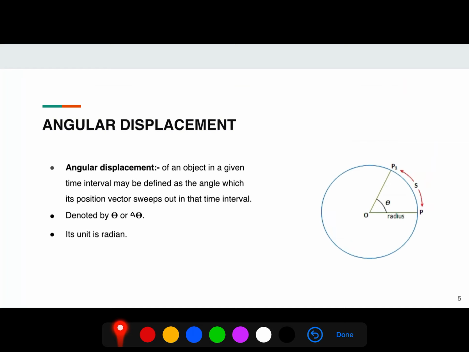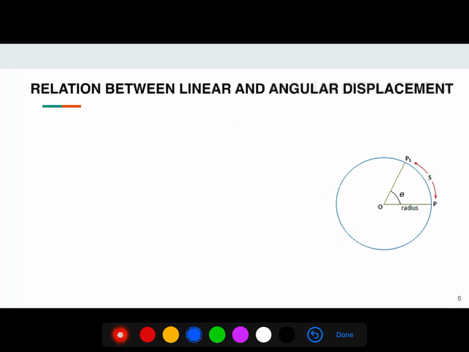Now I will find a relation between linear and angular displacement. Suppose the particle at time t1 is at P, and after delta t time it reaches P1. So we know that angle is equal to arc upon radius.